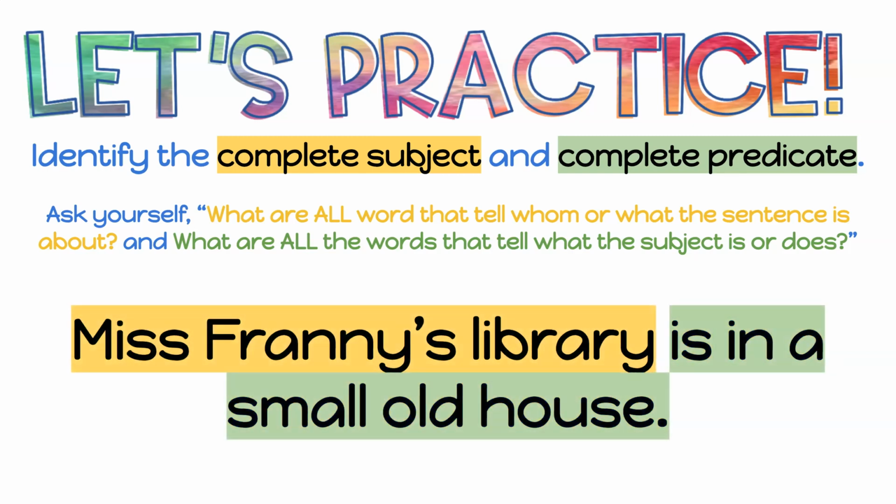That's right, complete subject is Miss Franny's library. Complete predicate is in a small old house. So the whole entire subject is Miss Franny's library. It's not just any old library, it's Miss Franny's library. And we're describing that it is in a small old house.